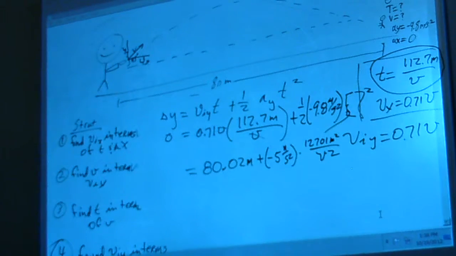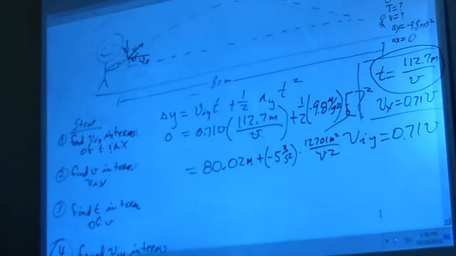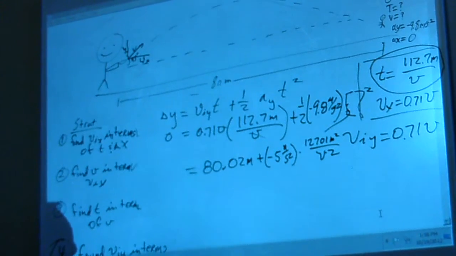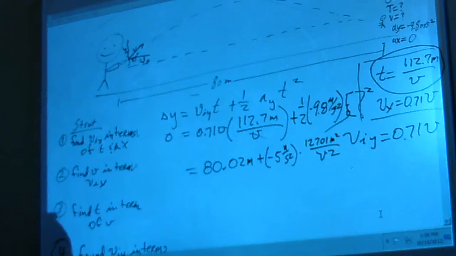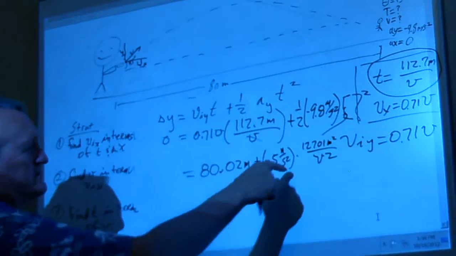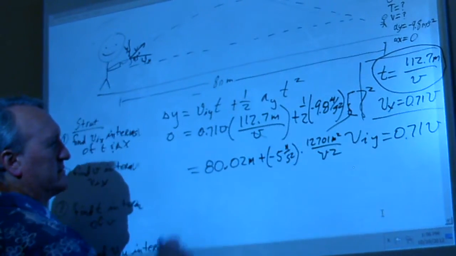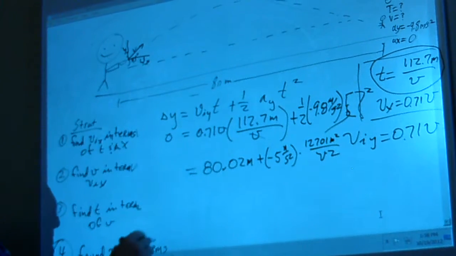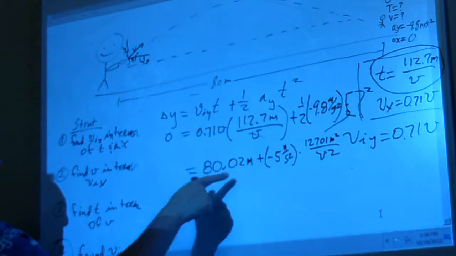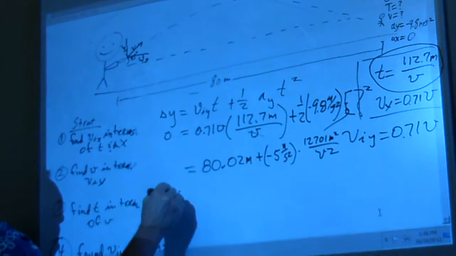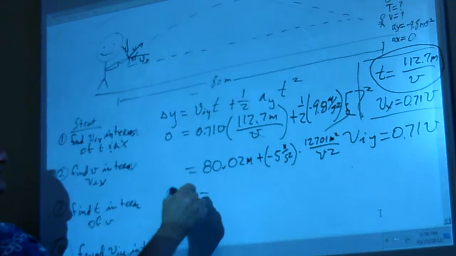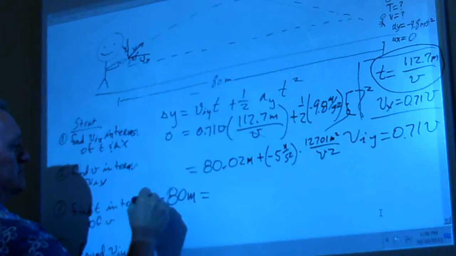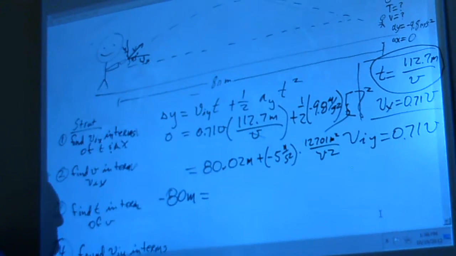So it's 12,701 meters squared over V squared, times. Multiply. So I'm going to move my 80 meters over here. Kind of interesting, it worked out to be the same as the displacement. We'll talk about that. So that becomes minus, right?